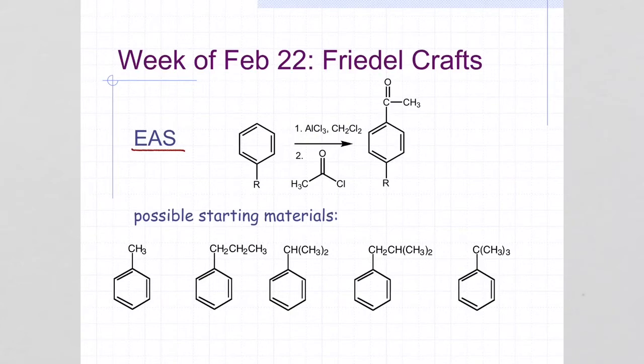However, one of the intriguing parts about this reaction is, as you know, you have been assigned one of these alkyl benzenes as one of your starting materials. And so what you have to do is look at the NMR spectrum and determine which of these possible starting materials you have.